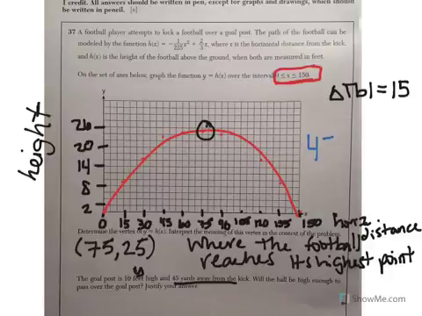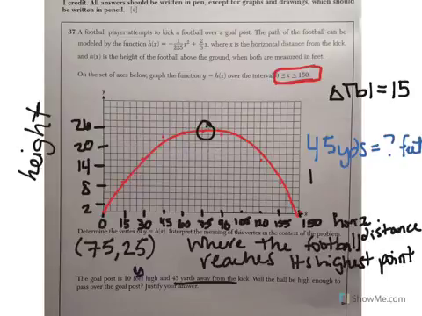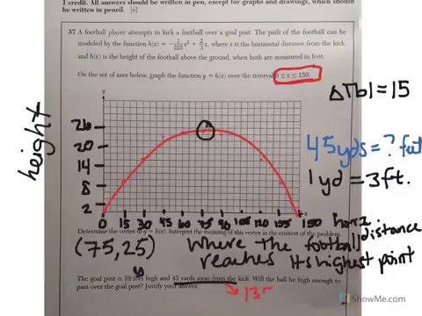So if we have 45 yards, we want to know how many feet. Well, we know that in 1 yard there are 3 feet. So if I multiply 45 by 3, I will end up with how many feet I have. So 45 yards converts into 135 feet, and again, I just multiplied 3 by 45.